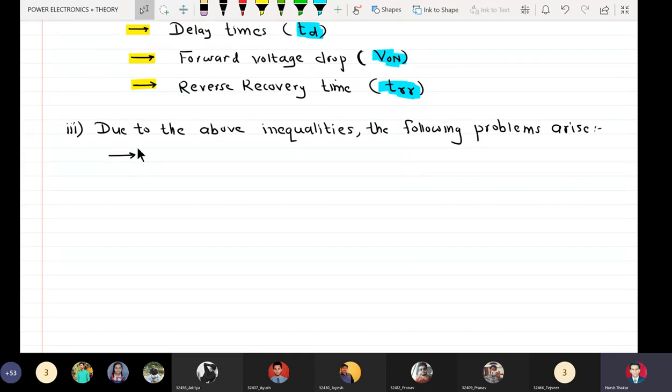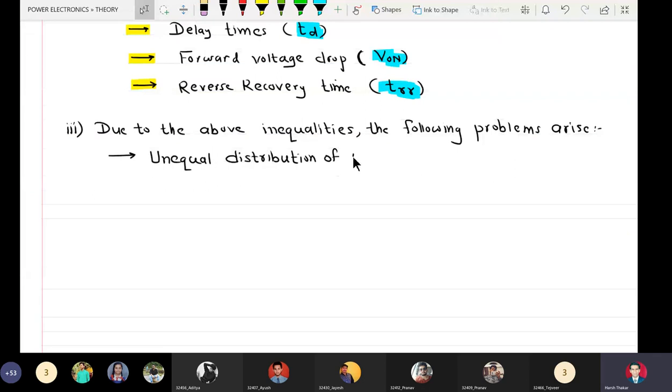The first is unequal distribution of the input voltage across the devices, obviously since the devices are connected in series.